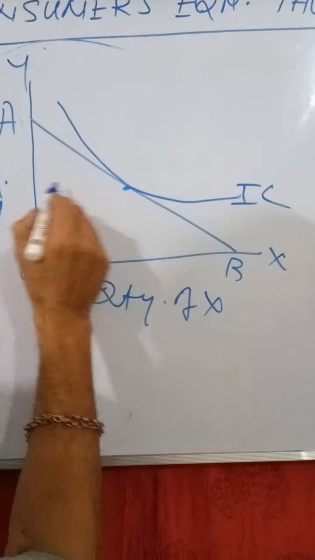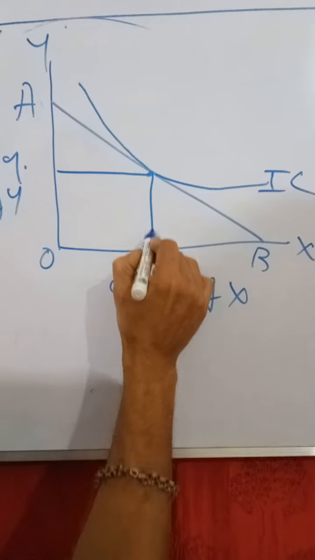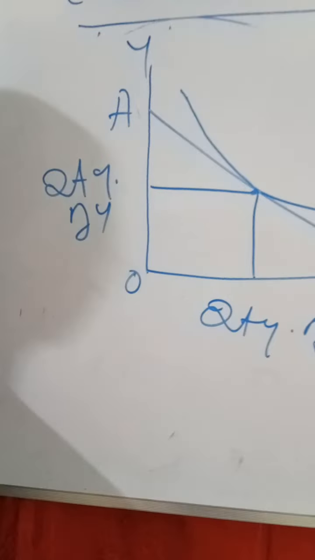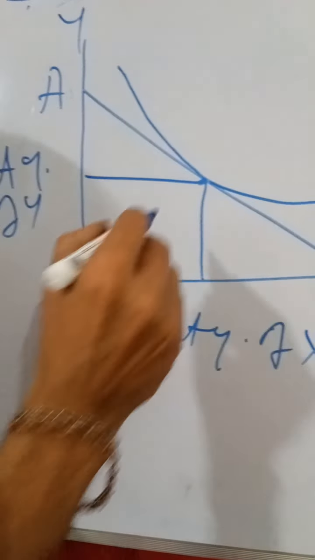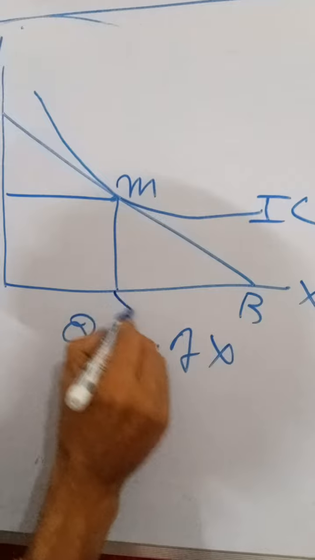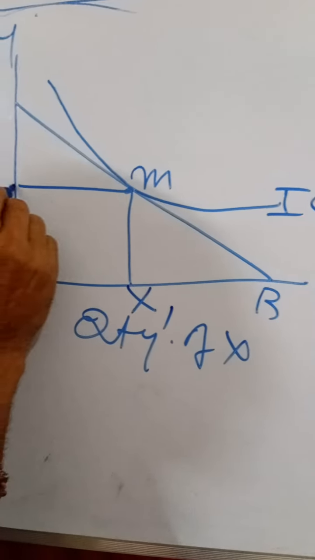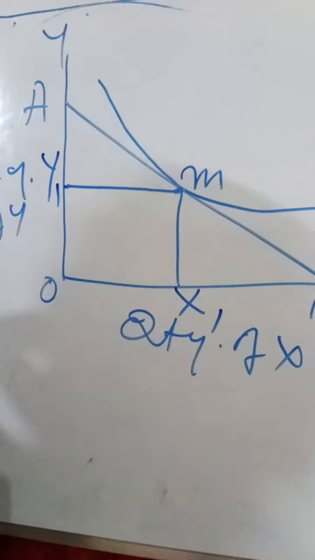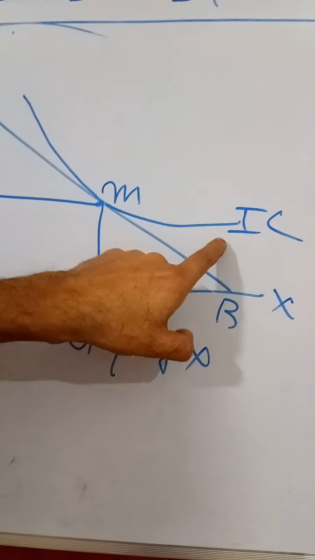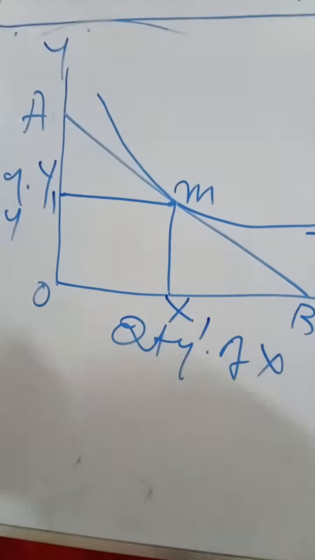This is the point of tangency, right? So the consumer is deriving maximum satisfaction at point, say M, by consuming OX1 units of X and OY1 units of Y. At this point, the indifference curve is tangent to the budget line AB.